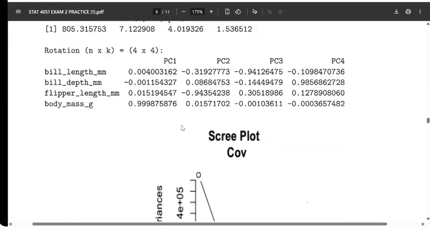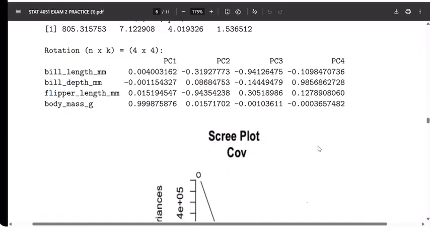Can you see PC1? I'm going to write a linear combination of this one and this one: B length minus that plot. So I'm writing the linear combination for PC1.